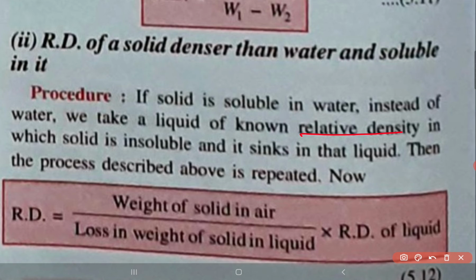Then the process described above is repeated. The relative density will be equal to the weight of the solid in air upon the loss in weight, that is W1 minus W2, right? Then we multiply whatever answer we get by the relative density of that given liquid. I hope you have understood this also.